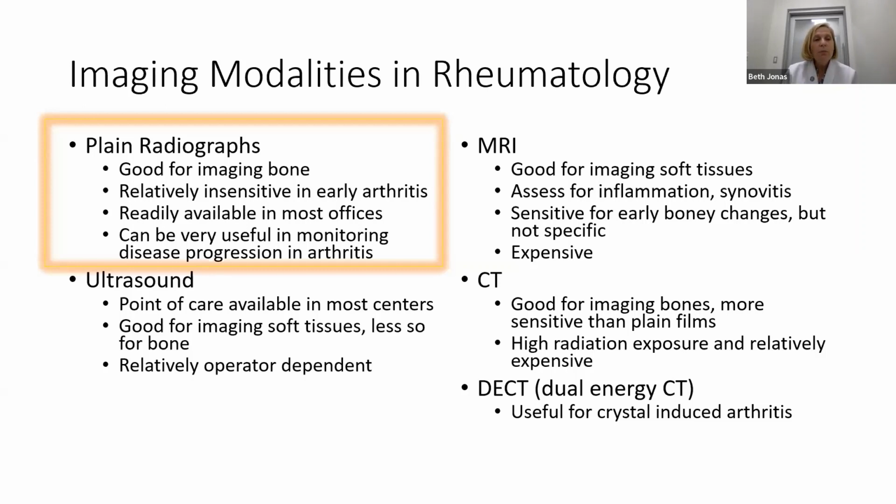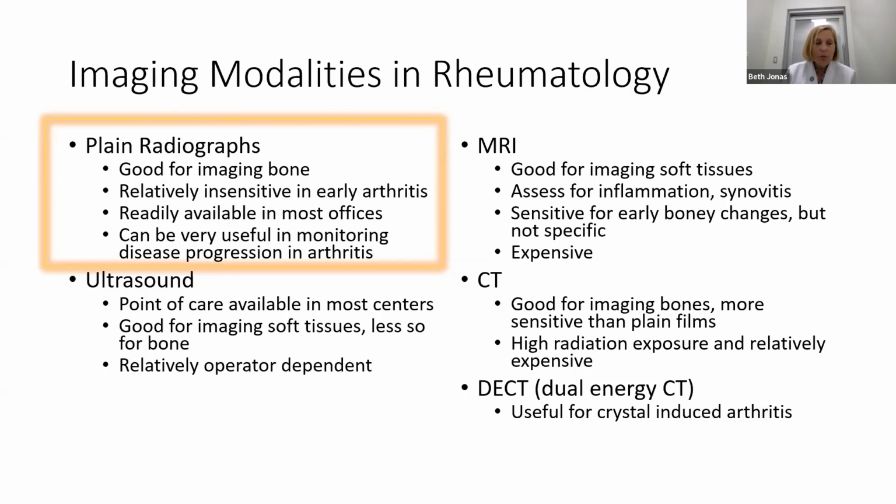One of the newer modalities is dual energy CT. I don't have any CTs on this talk this morning, but this is a new technology, very useful for crystal-induced arthritis, and hopefully you'll have a chance to look at that in your institutions. But plain radiographs are really the workhorse of what we use in our clinic day to day.